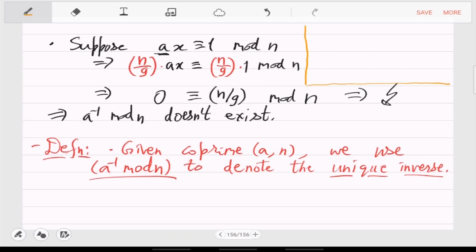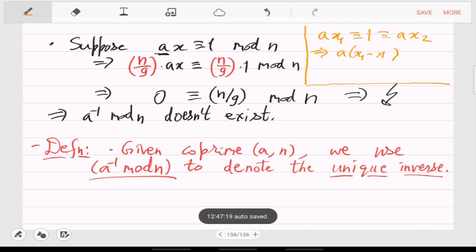Suppose you have AX1 congruent to 1 and also AX2 congruent to 1. Then what do you get? You can take the difference, right? So A times X1 minus X2 is 0 mod n.